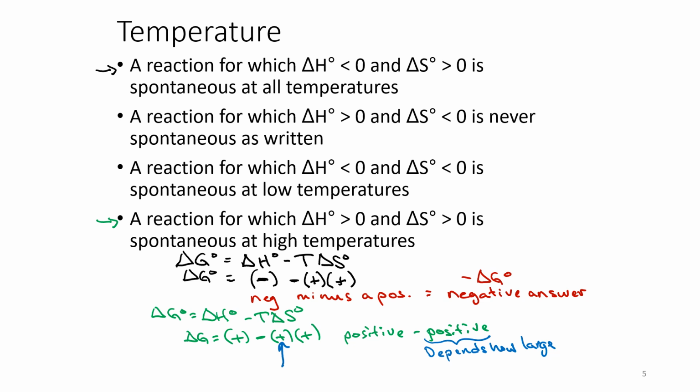And so the bigger and bigger that gets, the more likely it is for the overall thing to become negative. So this is spontaneous at high temperatures, and it's going to be non-spontaneous at lower temperatures. All right, so make sure you understand these as well.